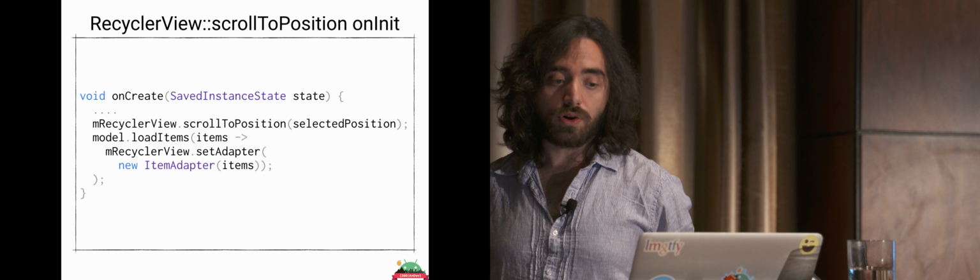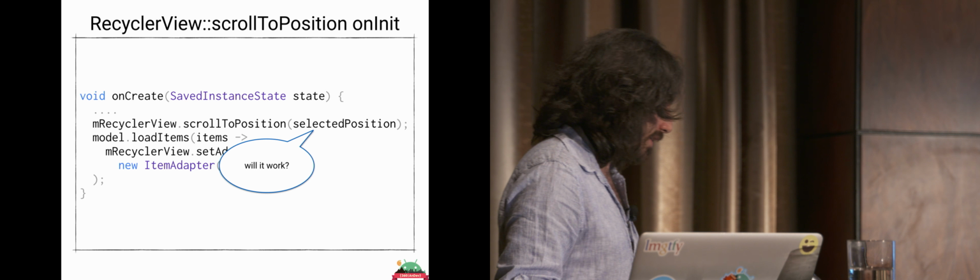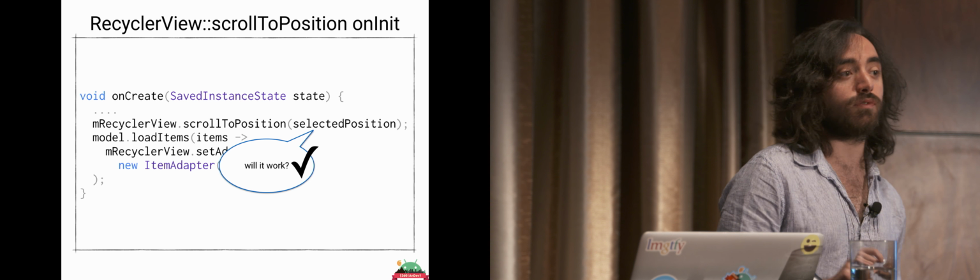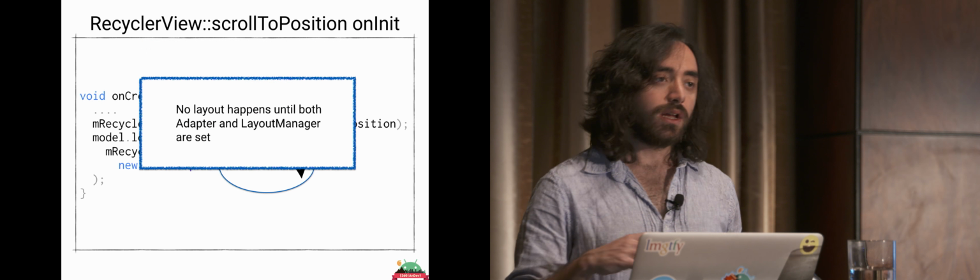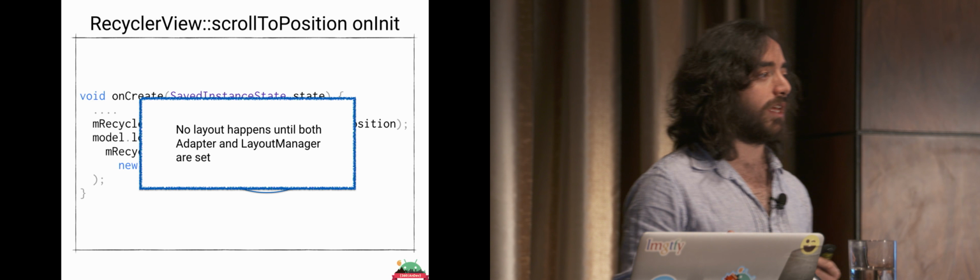Now, is this going to work? Because the next frame happened, we still don't have the adapter. Good news is that it will work, and the reason it works is slightly different. When you have a RecyclerView, and you didn't set an adapter and a layout manager, it just skips all of the layout calls.